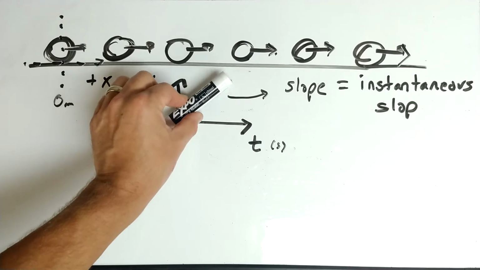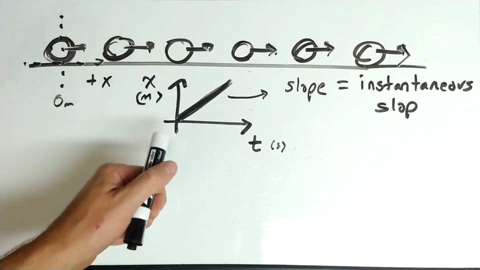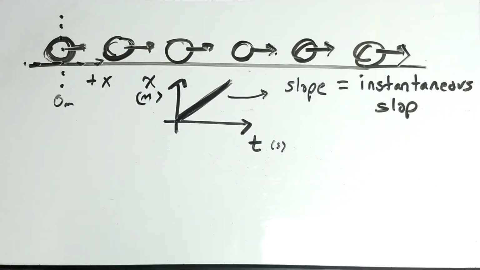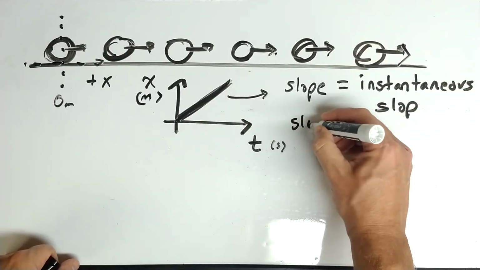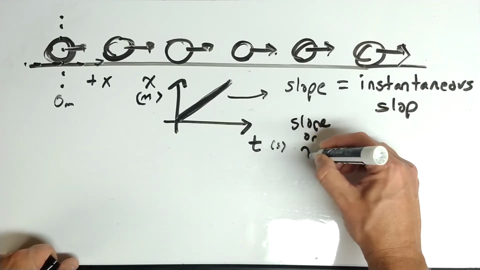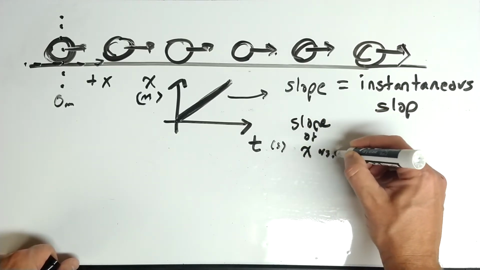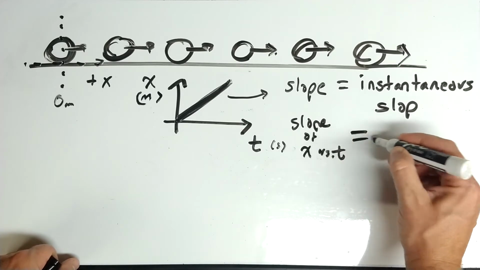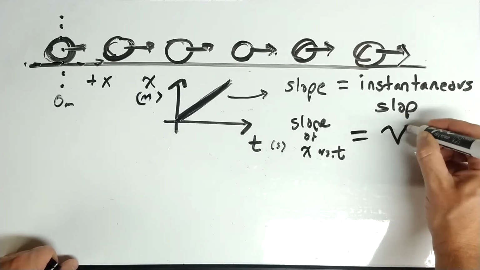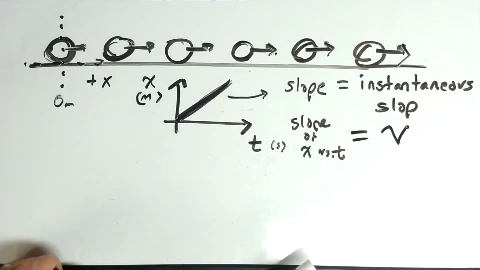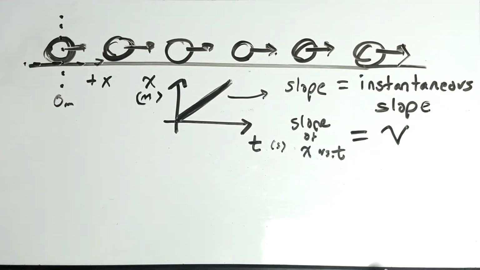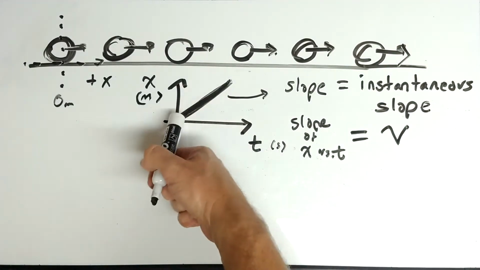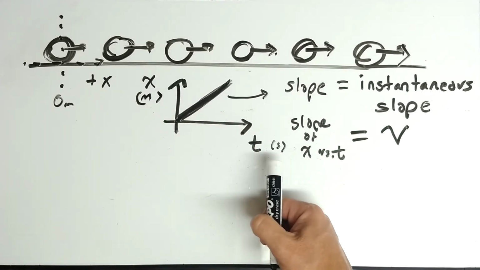The slope of my slopometer tells me the velocity of the object. So in this case, the slope of x versus t equals velocity. A vector quantity, technically. So the slope of position versus time gives me velocity.